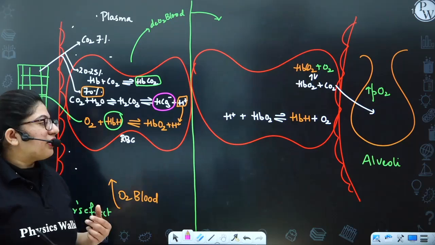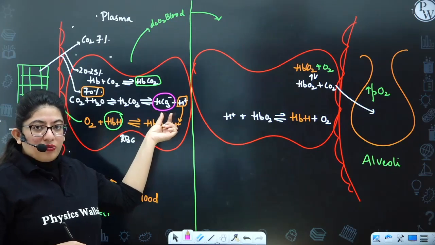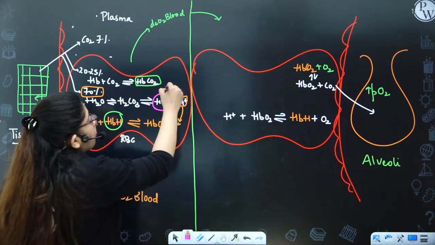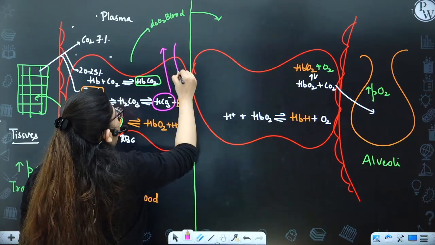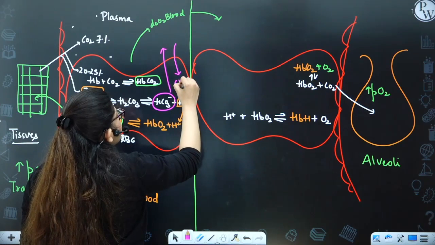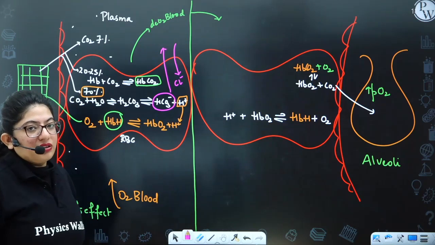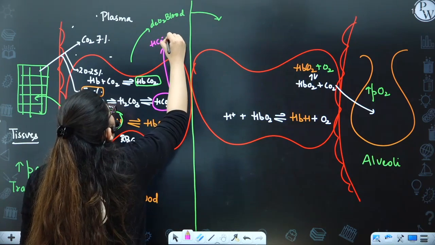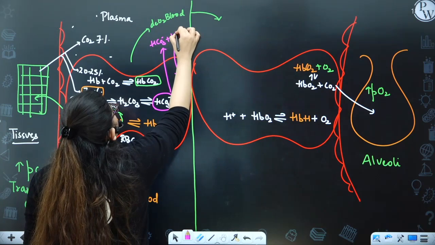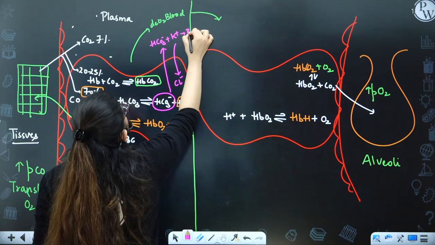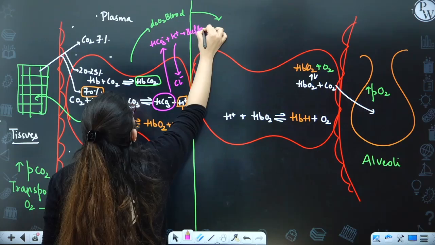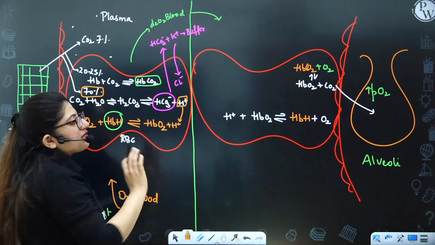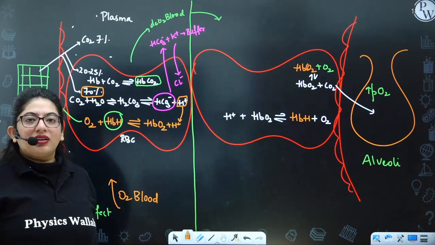So what happened here is, as soon as it is formed, an H positive ion binds with this, the HCO3 moves out of the RBC, and in place of HCO3 negative, chloride ion enters. So HCO3 negative moves in the plasma, and here it reacts with K positive ion and acts as a buffer. What is a buffer? The one that maintains pH. Because there is no need of these ions here, because the charge will then get disturbed.